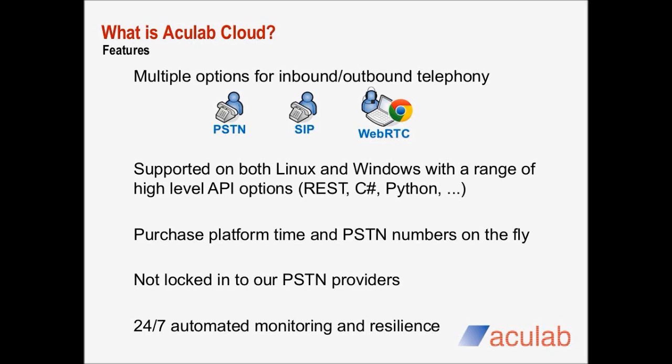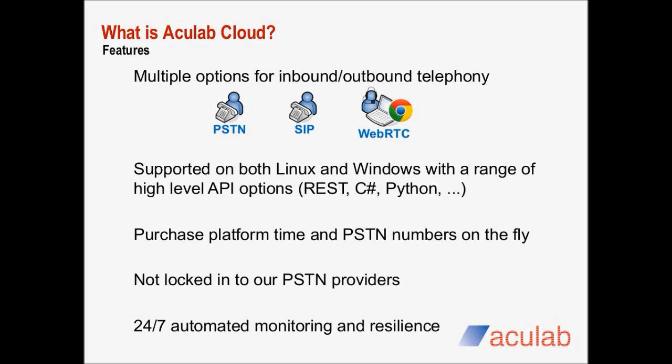You can use your own PSTN providers if you need to. So if you have cheaper rates for calling Japan, for example, you can just use our Aculab Cloud with your PSTN provider just for Japan. And for other countries, you could use our PSTN provider or different ones as well. So we don't tie you into the ones we use.